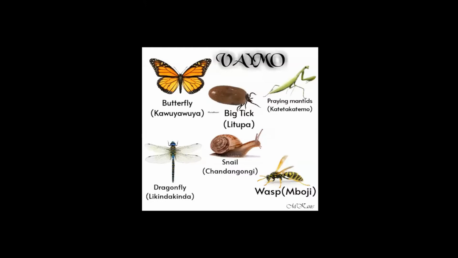Then we have got the praying mantids, katetakatemo, like a greeny insect there on your right side on top. In Luvale they call this insect katetakatemo.